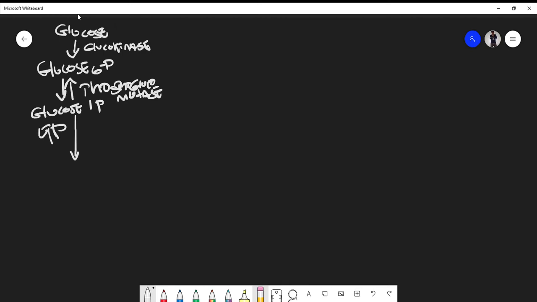I'm sorry, this is terrible. Let me write this better. So we use UTP in this step, along with glucose 1-phosphate, and the enzyme that we use in this reaction is UDP glucose pyrophosphorylase.